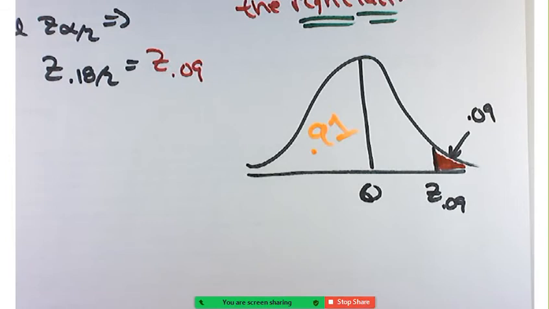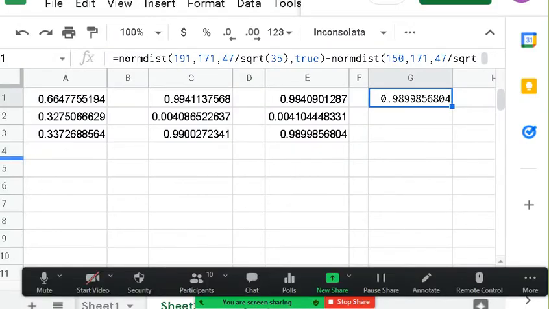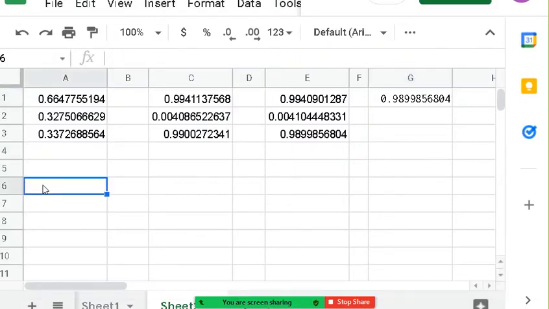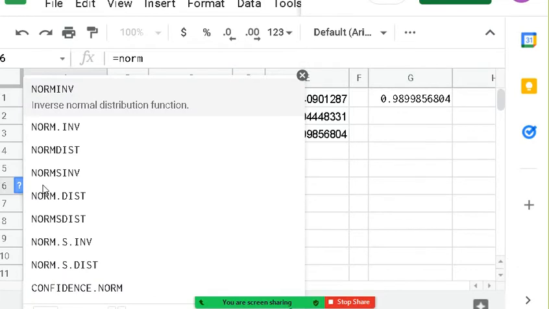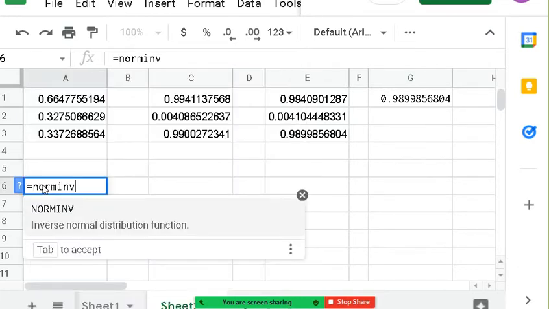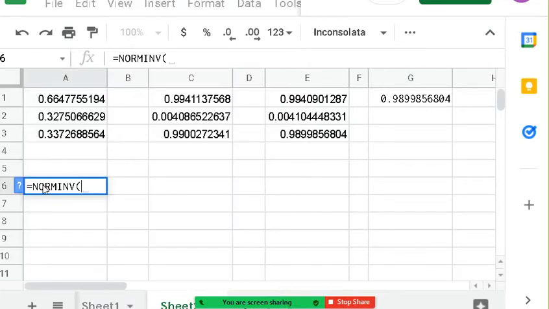Since we're already on Google Sheets for some of this, let's start with Google Sheets. Your command is no longer norm distribution. What command do I want to use? Nice, norm inverse. All right, so norm inverse. The area in the left tail is 0.91. The mean is 0. The standard deviation is 1.